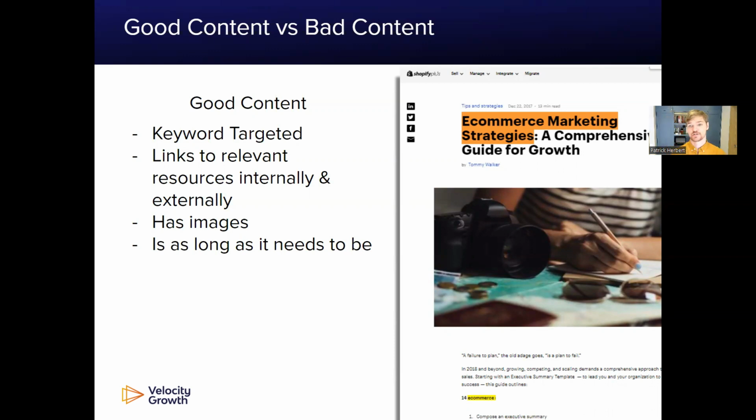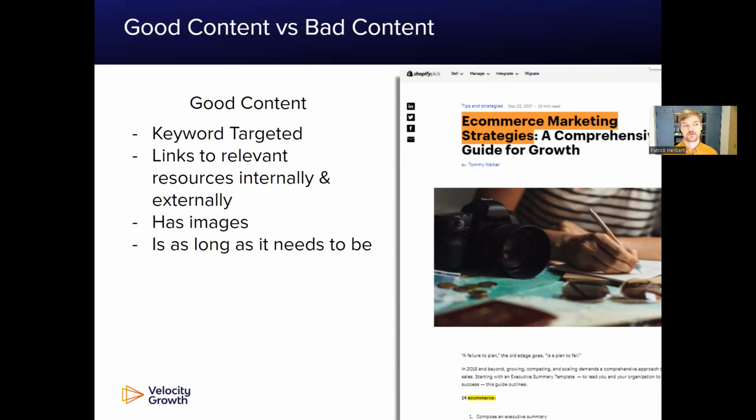Third, good content has images, right? So I say images, but I really mean multimedia. It doesn't have to be a picture all the time. It doesn't have to be an illustration. It can be a video, it can be a GIF, it can be all sorts of things, but the really good content will have these multimedia aspects to them, because it's almost never the best way of writing, telling somebody something, demonstrating something online to have no other explainers or no other ways to help them visualize and understand the concept, right?